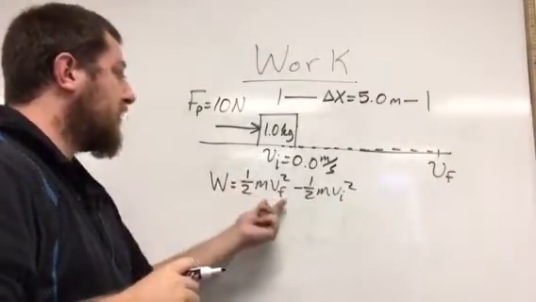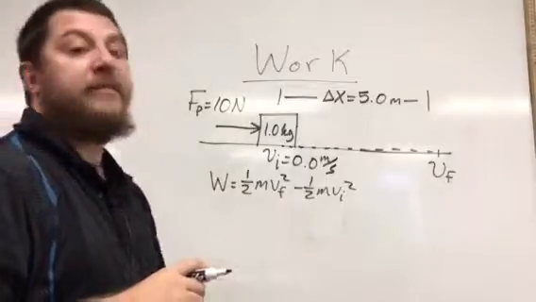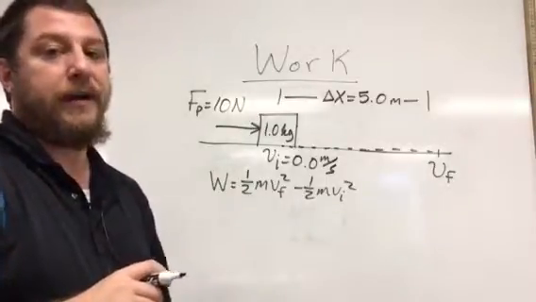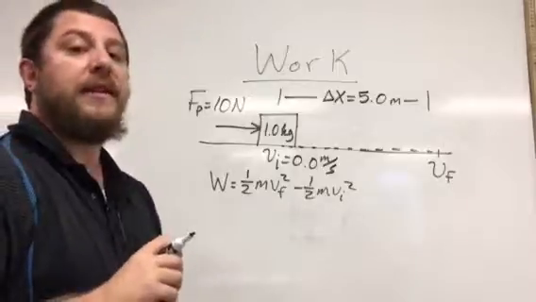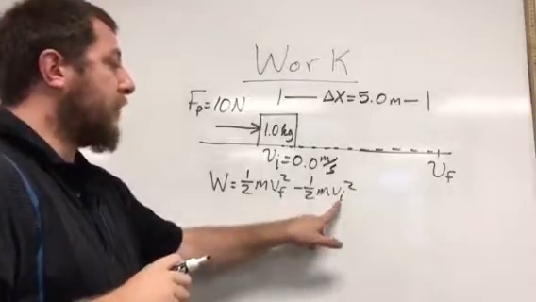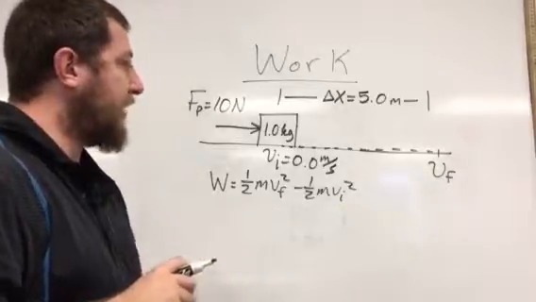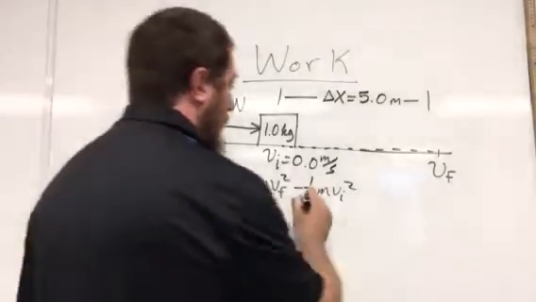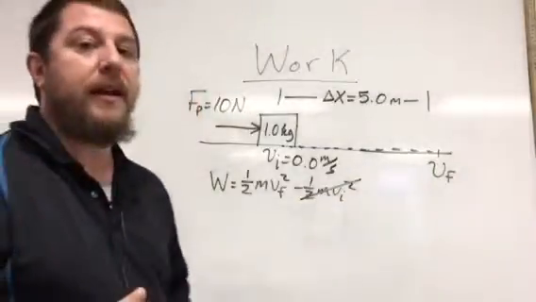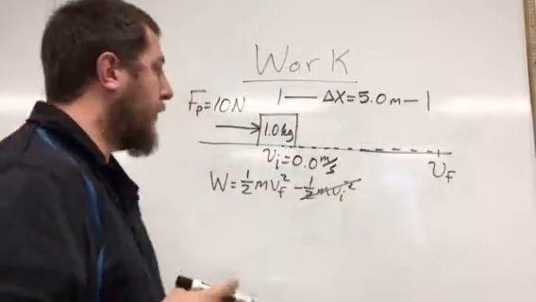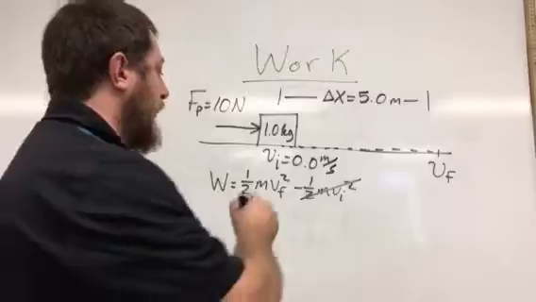I'm given the mass, so I can calculate my final velocity. Vf is the only unknown variable here. Now, a couple of things are going to make this nice and neat. First of all, my initial velocity is 0. So if your initial velocity is 0, then this term goes away. Initially, it has no kinetic energy. It's not moving, all right? So that term goes away.